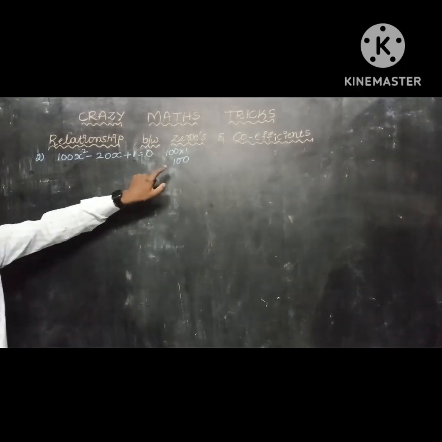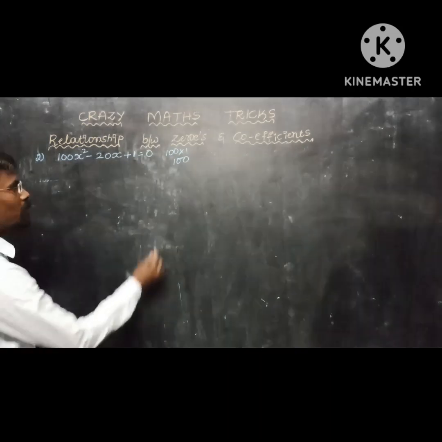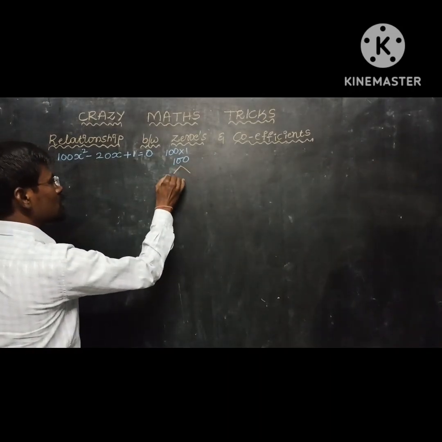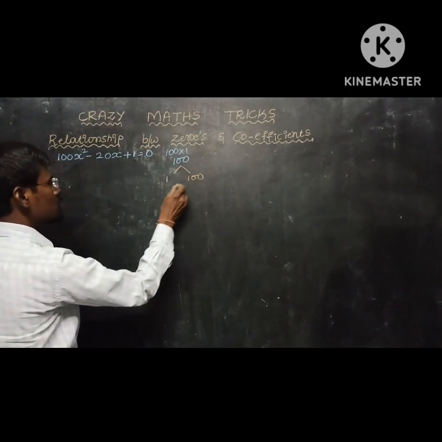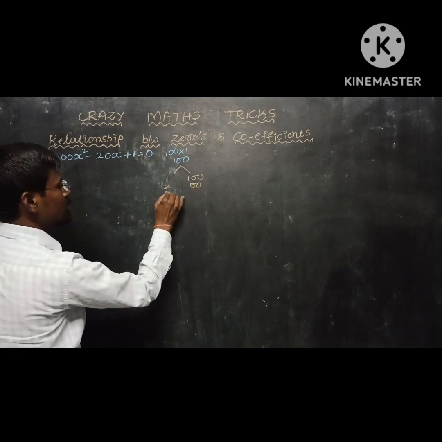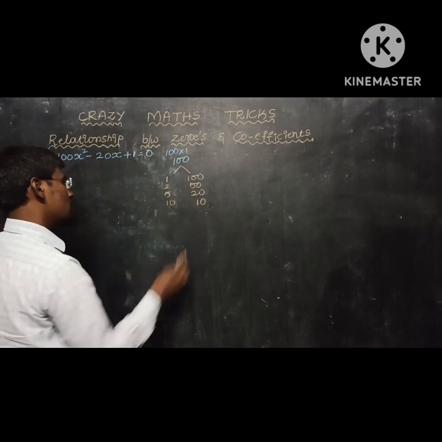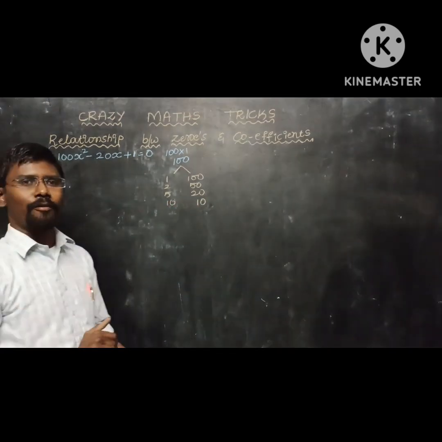Now what do we have to do? We have to find a pair of factors of 100. What pairs of factors can we get? 100 is 100, 2 into 50 is 100, next 5 into 20 is 100, next 10 into 10 is 100. So we got the pairs of factors here.